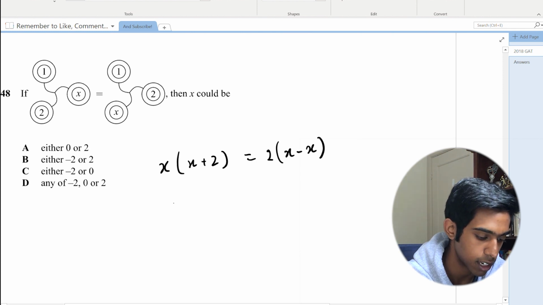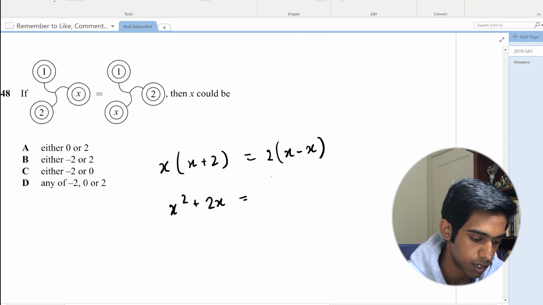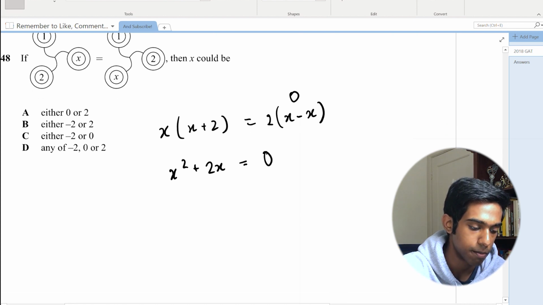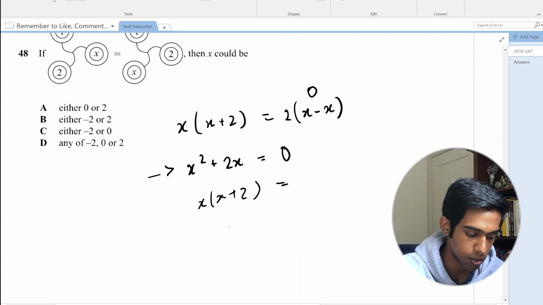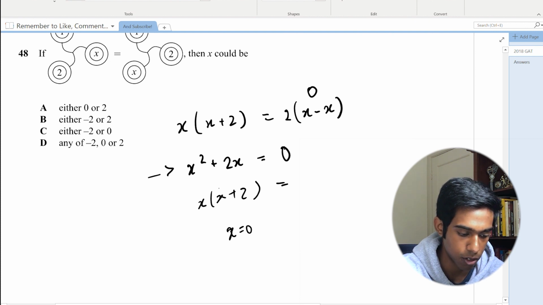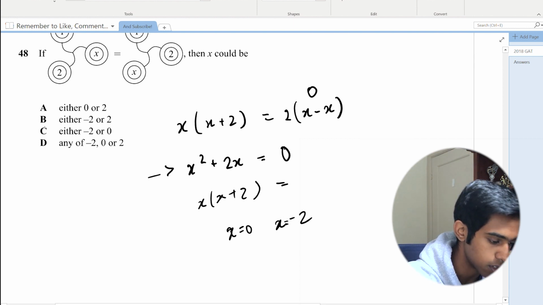On the left-hand side, we expand this, we have x plus 2, and this side we just get 0 because this is 0. Now we can just factorize this again. We didn't really need to do this step, but it's all right. We get x equals 0, and then you do x equals minus 2 for the opposite. So minus 2 or 0.